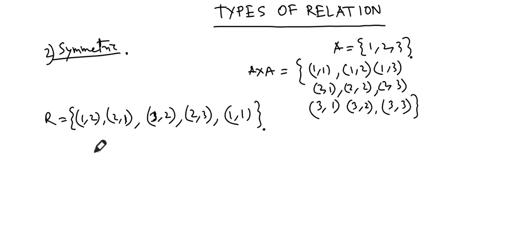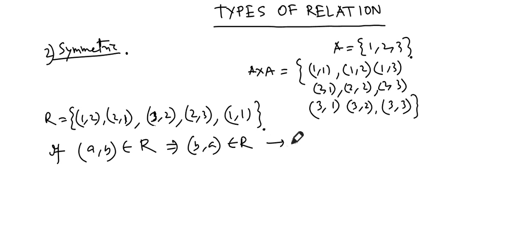So to define symmetry, we write it as: if (A,B) belongs to R, that means if there is any pair in R, and it implies (B,A) is also there, then that would be a symmetric relation.